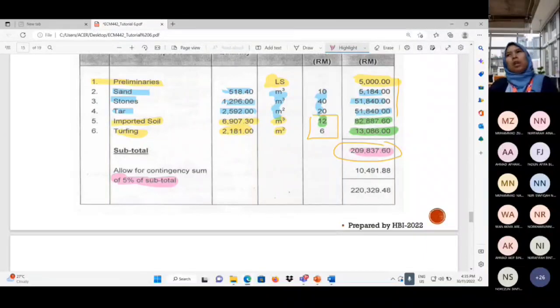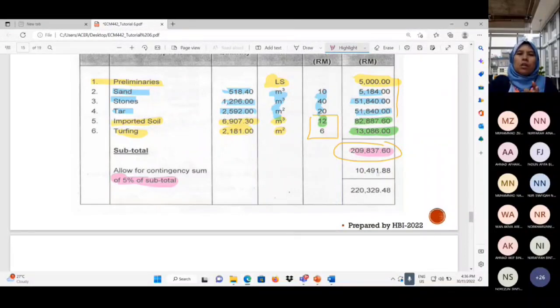Contoh, bila transport of the materials ada defect ataupun accident, ataupun road masuk ke kawasan tapak pembinaan you tu mungkin tak rata dan sebagainya, ada bump, ataupun menyebabkan material tu tertumpah dan menyebabkan ketidakcukupan bahan yang sampai kat tapak. So you have this money in order to purchase extra. So that is the idea of contingency sum.